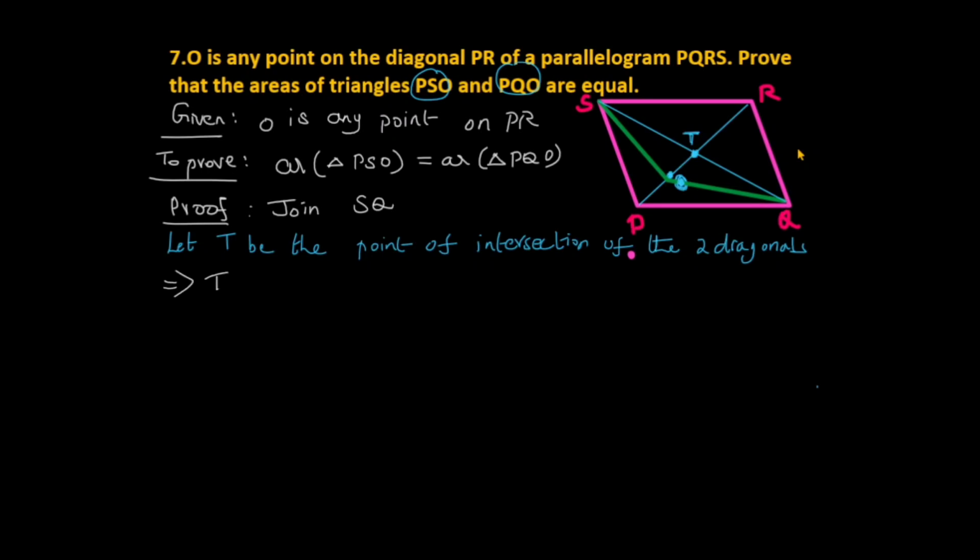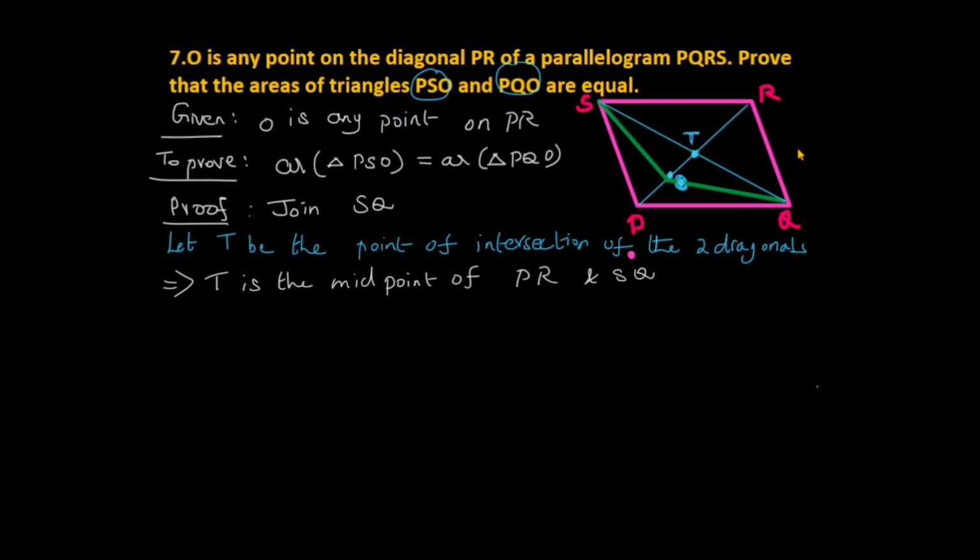That implies T is the midpoint of both diagonals PR and SQ. T is the midpoint because we know very well the parallelogram diagonal property: diagonals bisect each other.